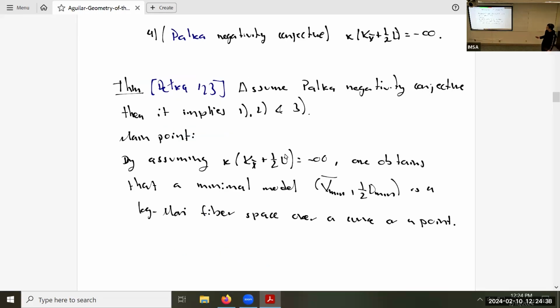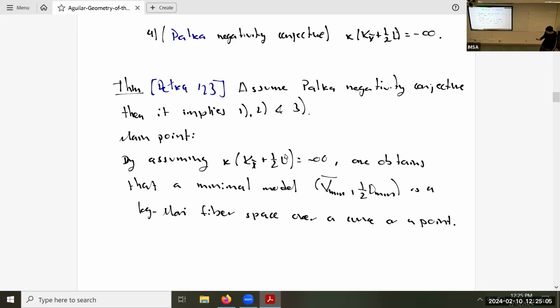And then we have something called the Fujita negativity conjecture that is going to be really important for the next theorem. It's some conjecture about the logarithmic Kodaira dimension of this pair. So you consider kappa of K_X̄ + 1/2 D, and this should be minus infinity. I'm going to tell you what it is.